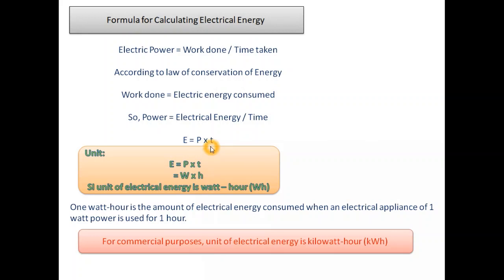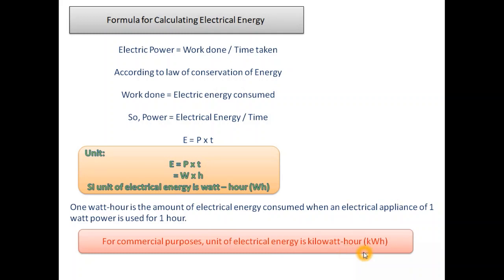But joule represents a very small quantity of energy, and therefore it's inconvenient to use where a large quantity of energy is involved. So, for commercial purposes, we have a bigger unit, that is kilowatt hour.